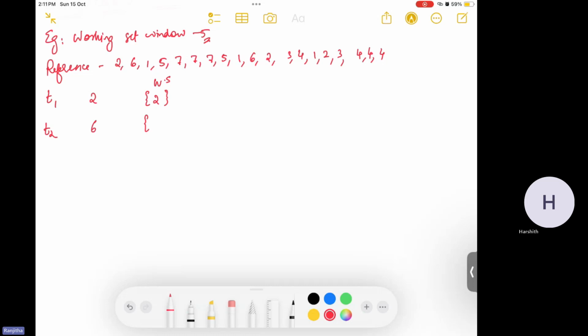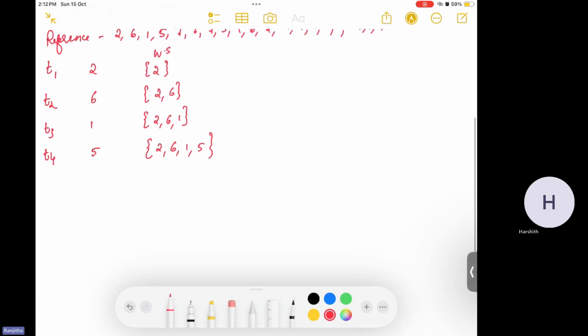So the last 5 references will include 2 and 6. Now at time T3, when the next page is accessed, the working set grows. Now at T4, when the next page 5 is accessed, 2, 6, 1, and 5 form the working set of this process.